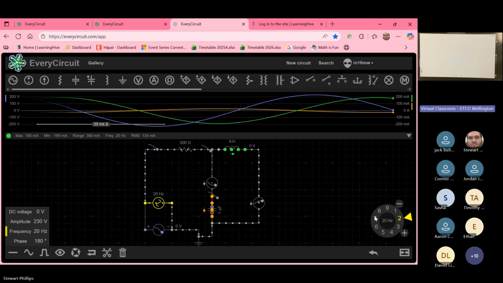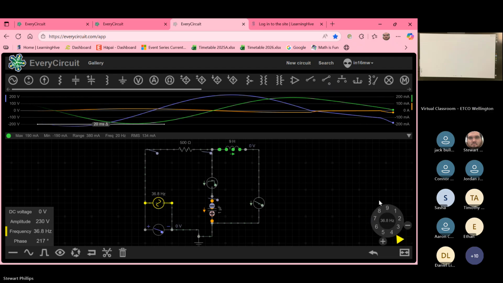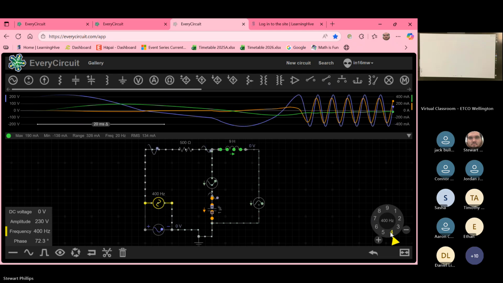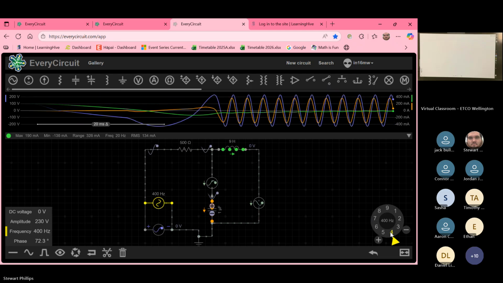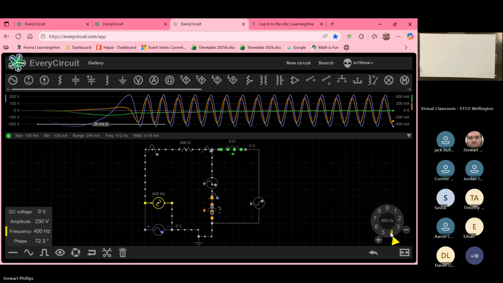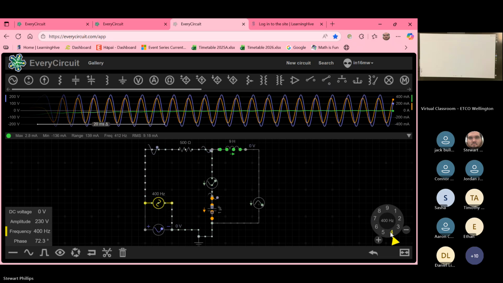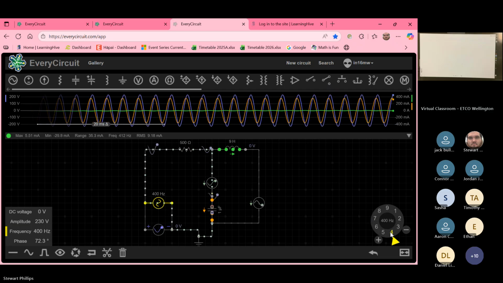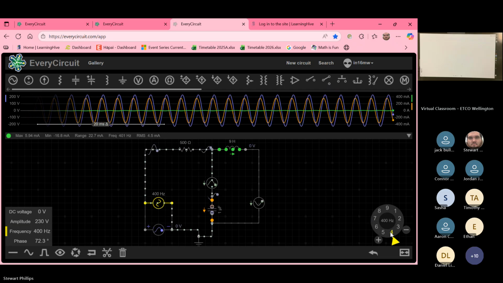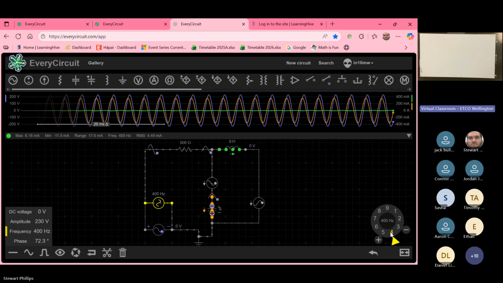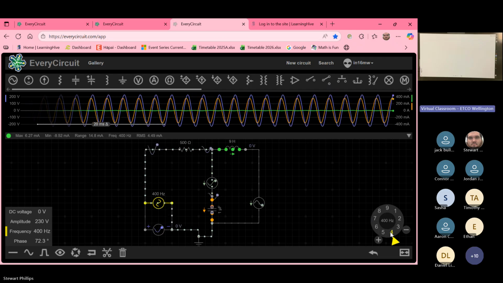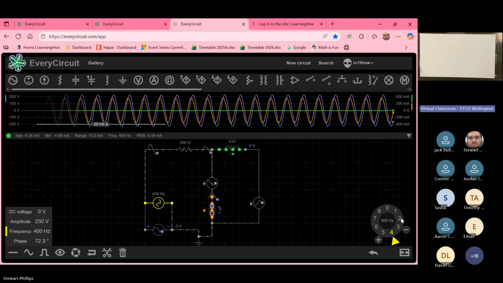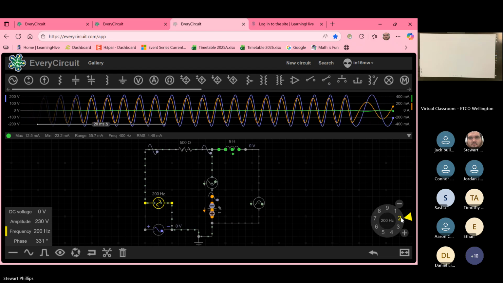But if we increase the frequency the other way, we're getting more current flow through the inductor, and the current through the capacitor is pretty close to the voltage.